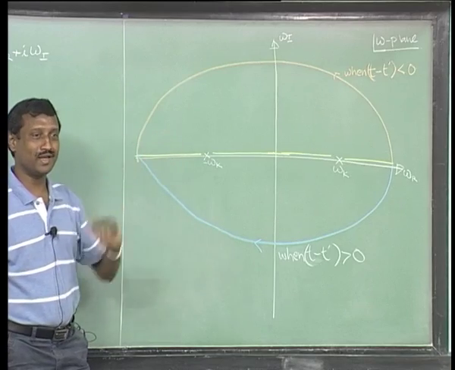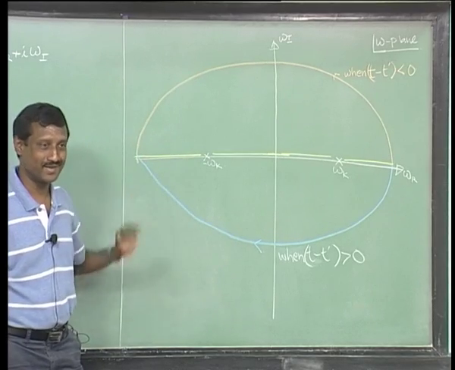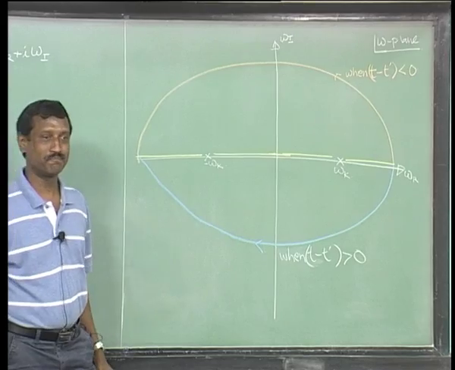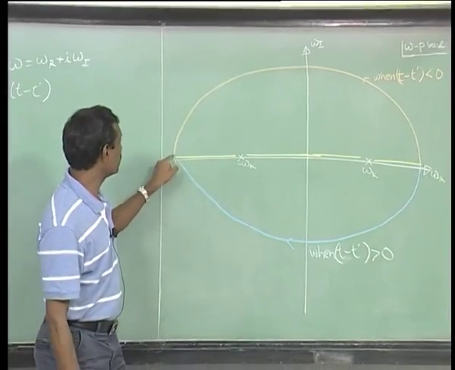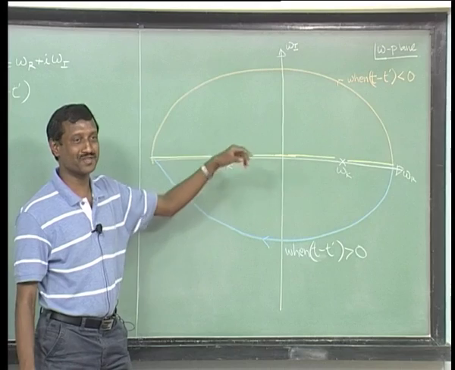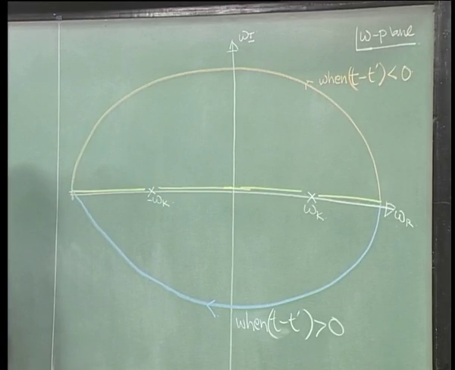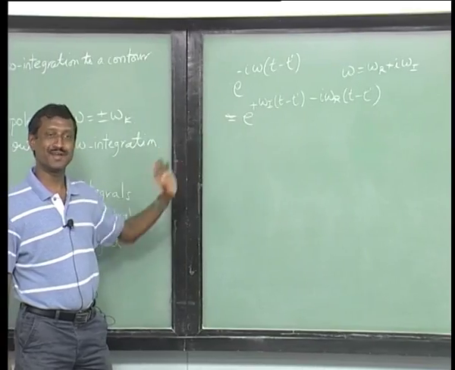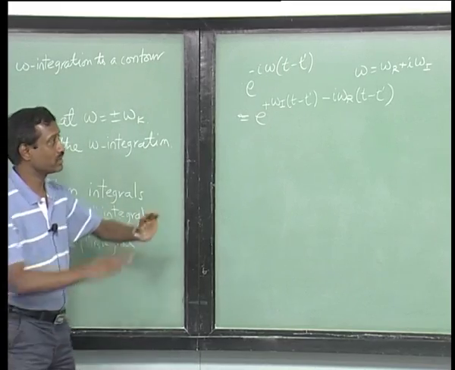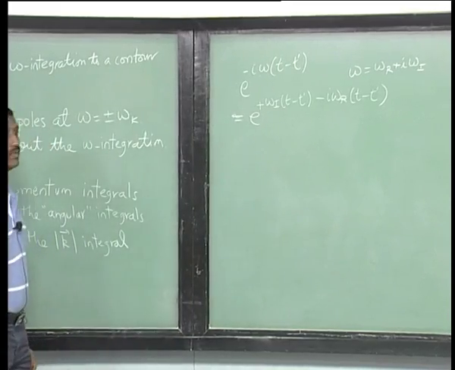I leave it as an exercise for you to convince yourself that those things do not matter. Once you convince yourself that it does not contribute, then just deforming the contour does not change the story. This is intuitively the way to understand how it works, but you can convince yourself that there are no problems with what I am doing.